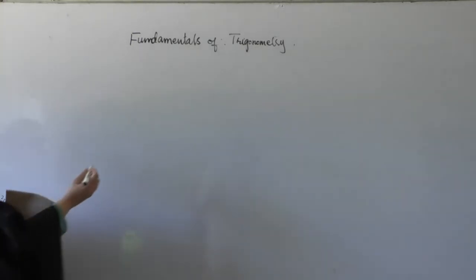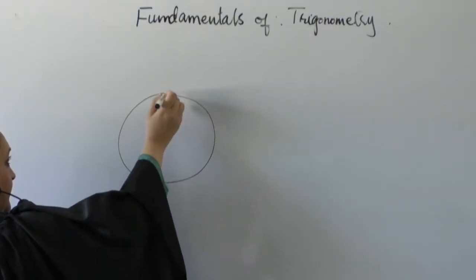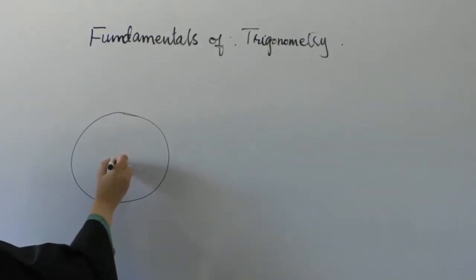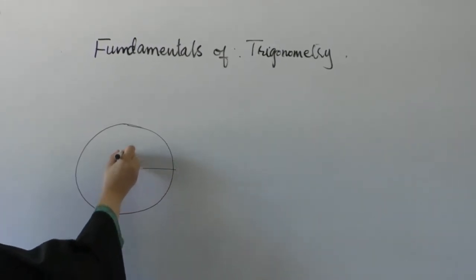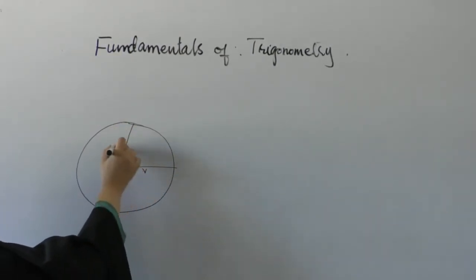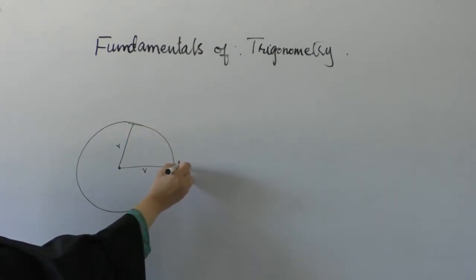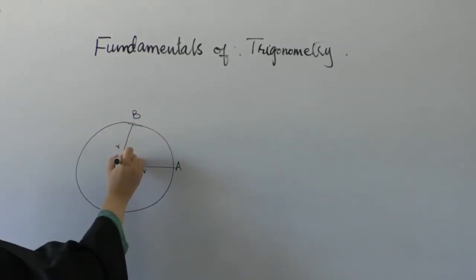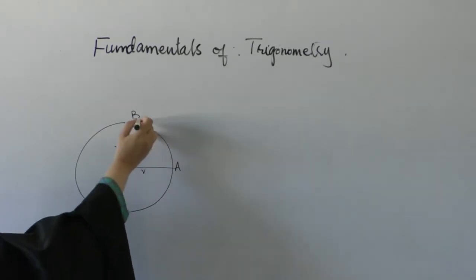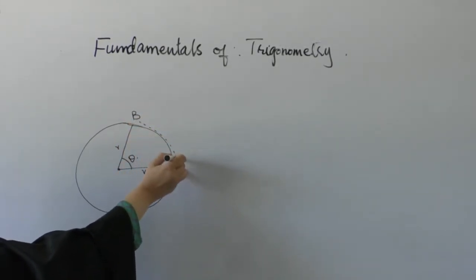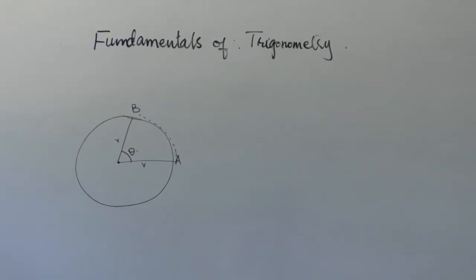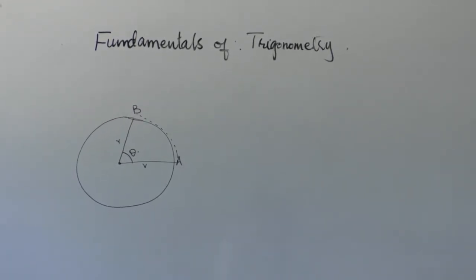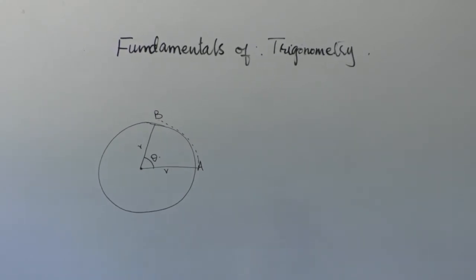Here is the shape. This is the center point. This is the radius, and this is point A, this is point B, this one is angle theta, and this one is arc AB. Consider this circle of radius r.